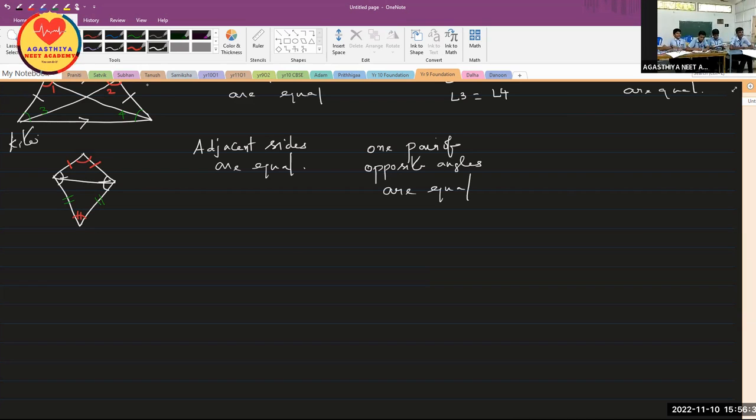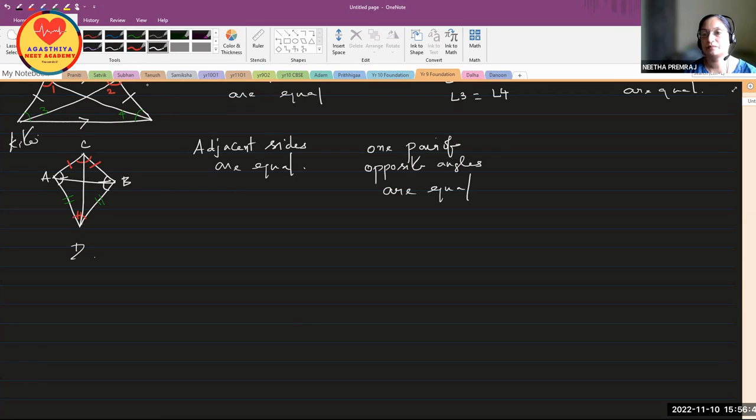Okay, then what about diagonals? Bisect each other. This is also partially correct, partially incorrect. One diagonal is bisected by the other diagonal at 90 degree. See, AB is one diagonal.